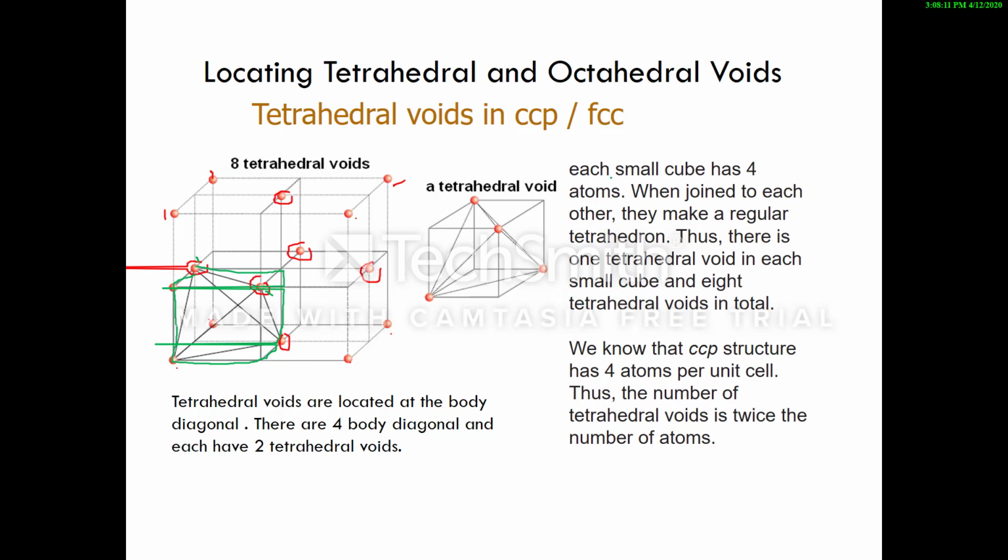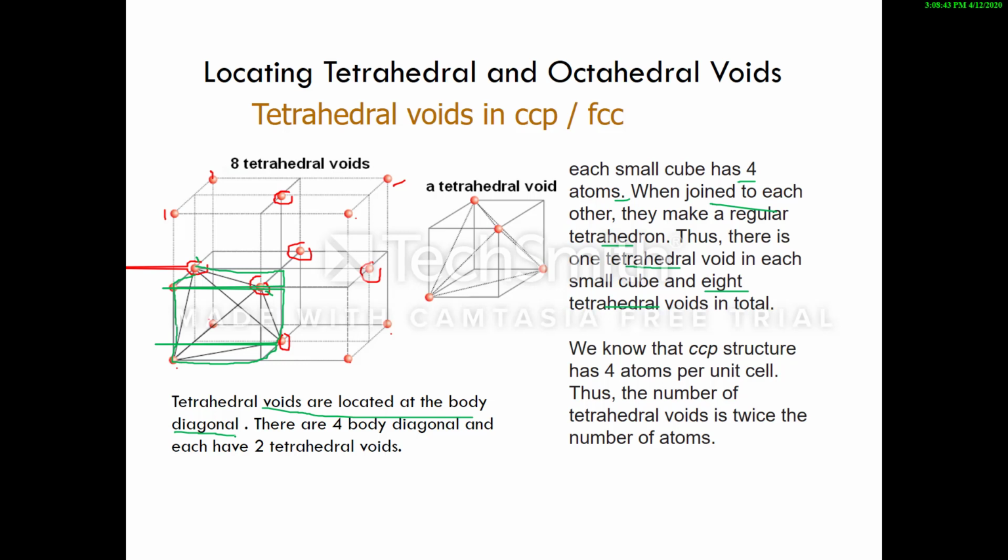Now just see, each small cube has 4 atoms, and when joined to each other they make a regular tetrahedron. Thus there is one tetrahedral void in each small cube and total 8 tetrahedral voids in a cube. Now we know. Now what is the location? So we can say this is at the center of this tetrahedron. Now we can assume the tetrahedral voids are located at the body diagonal.